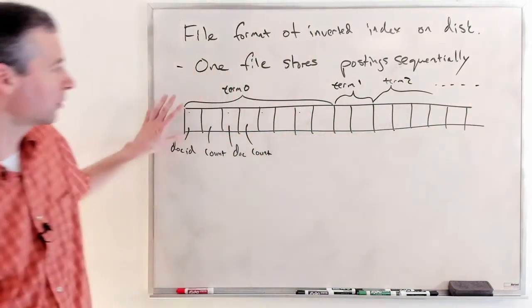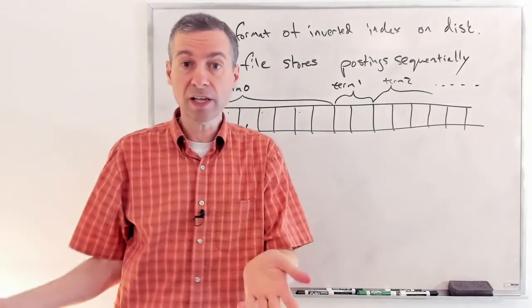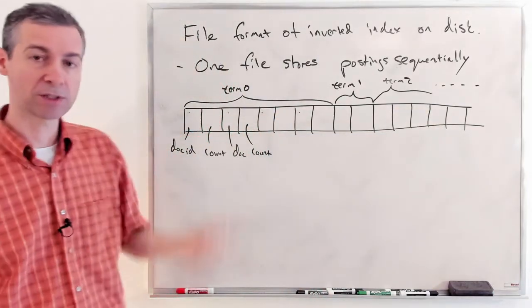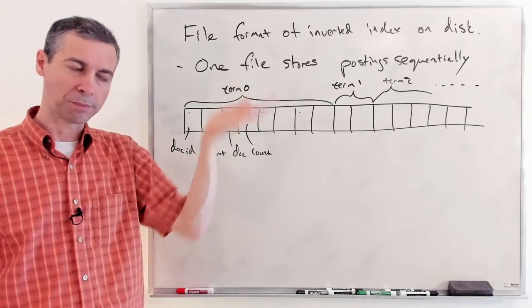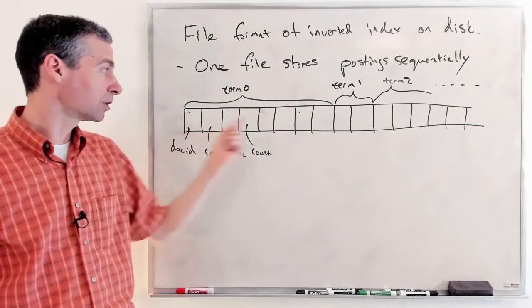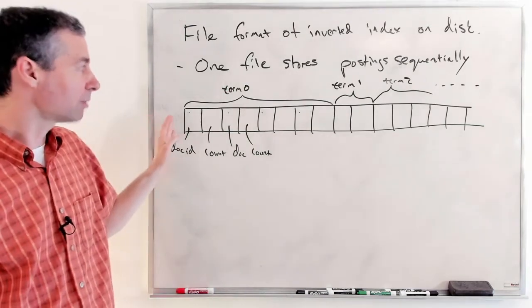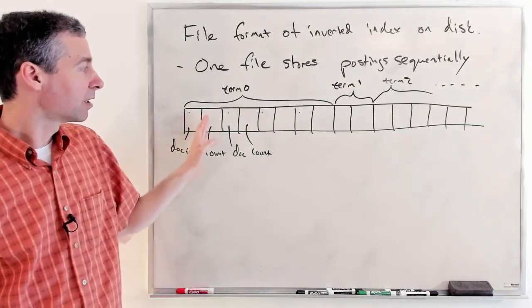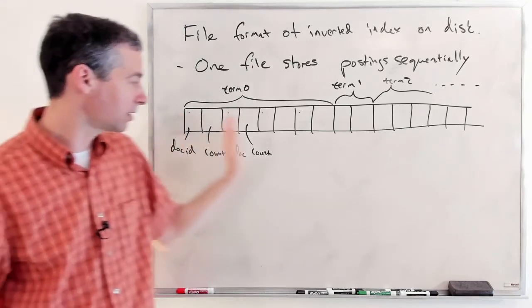So we're just going to put the postings for one of the terms, then the next and the next, which is super simple to make based upon our sorted file, because our sorted file goes by term ID and it's sorted already by doc ID. So all we have to do is read that thing and write out the doc IDs and counts. You don't have to write out the term IDs.